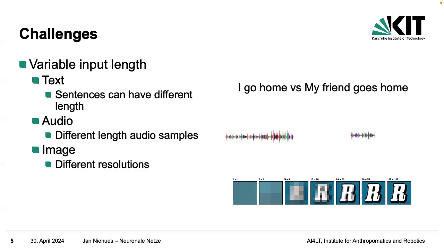And our input vectors, we need to discretize that with something from audio processing, which we'll not cover in detail here. But in the end, you'll have a different number of vectors to process. Or if you think about images, it's also there. You can have the same image in different resolutions, like 1 by 1 pixel, 2 by 2 pixels, or 100 by 100 pixels.